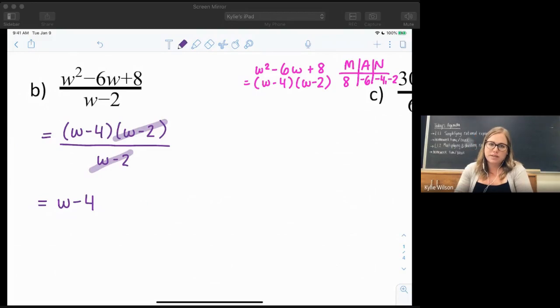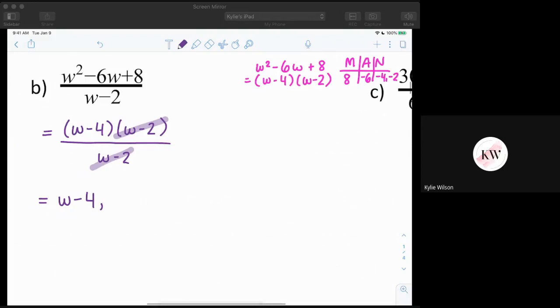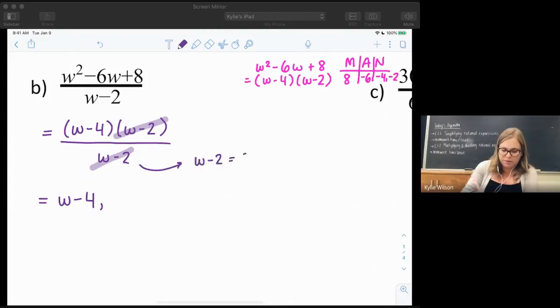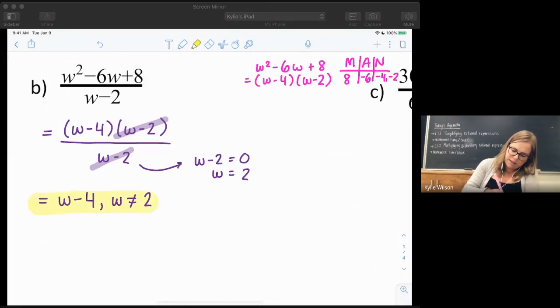Although my w minus 2 cancels out, at one time it was in the denominator, so we do need to make a restriction for that step. For that to be 0, we would have w minus 2 equals 0, so w equals 2. That means w is not allowed to equal 2, or else it will zero out the bottom, which is what we really don't want. So that would be our final answer.